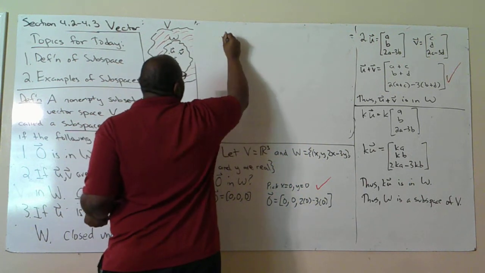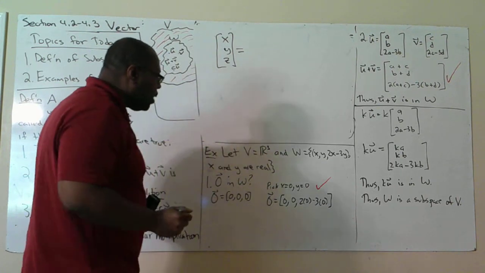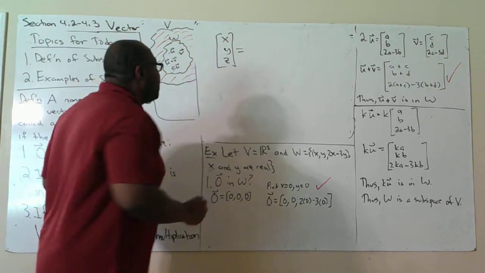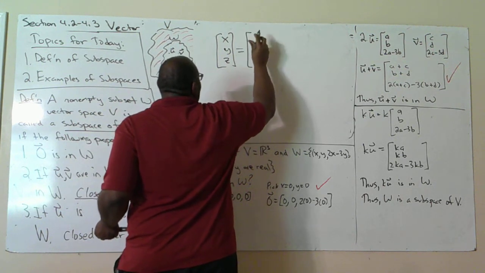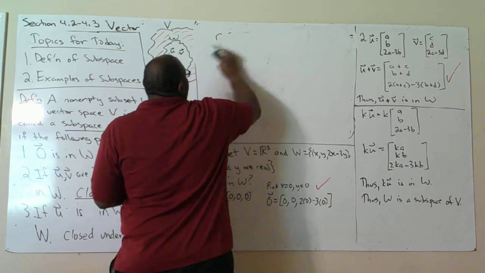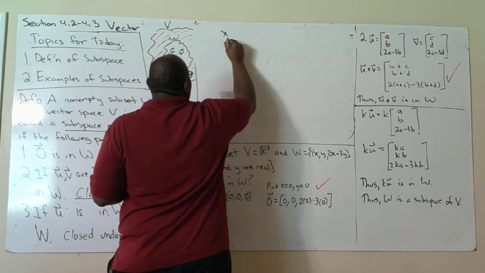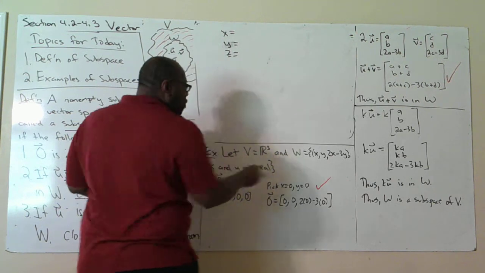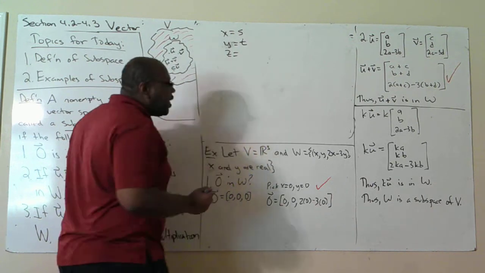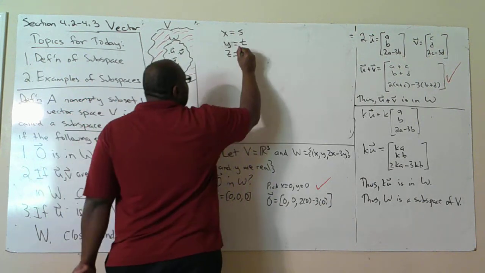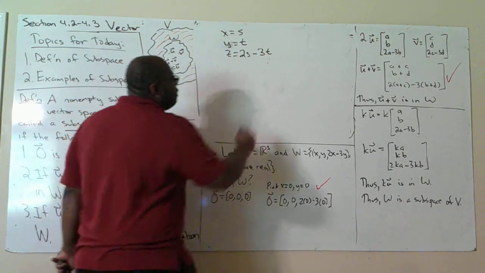So essentially I have X, Y, and Z. Now x and y can be anything they want to be. So let's say x is equal to s, and y is equal to t. Z is going to be equal to 2s minus 3t. Okay. So this is the parametric form.